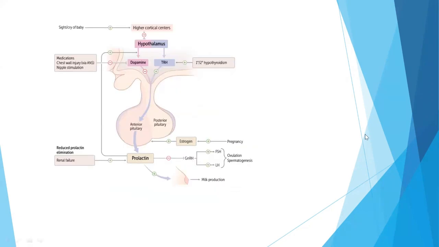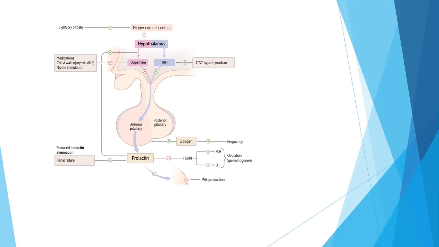Now let's talk about the prolactin. Whenever there is a sight or a cry of the baby, that will stimulate the higher cortical centers. Now the higher cortical centers will inhibit the hypothalamus. The hypothalamus secretes the dopamine and TRH. Now dopamine inhibits the anterior pituitary.